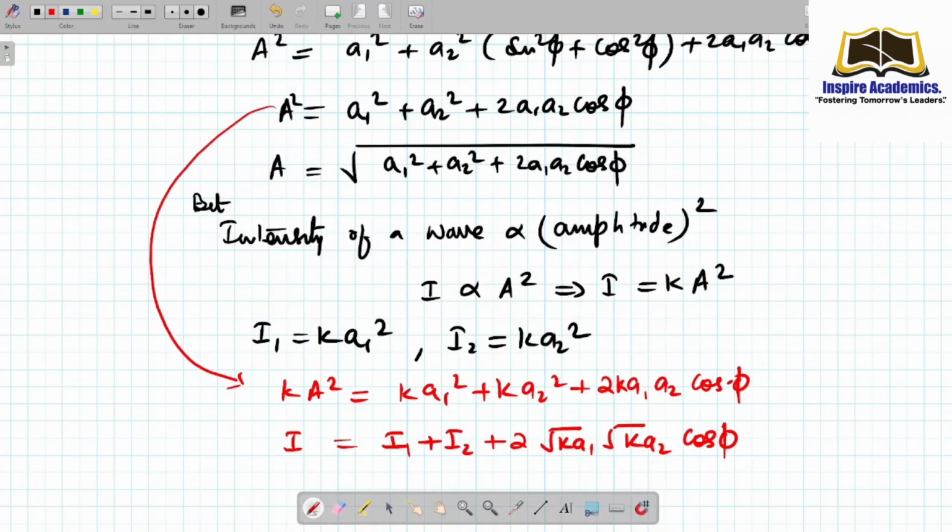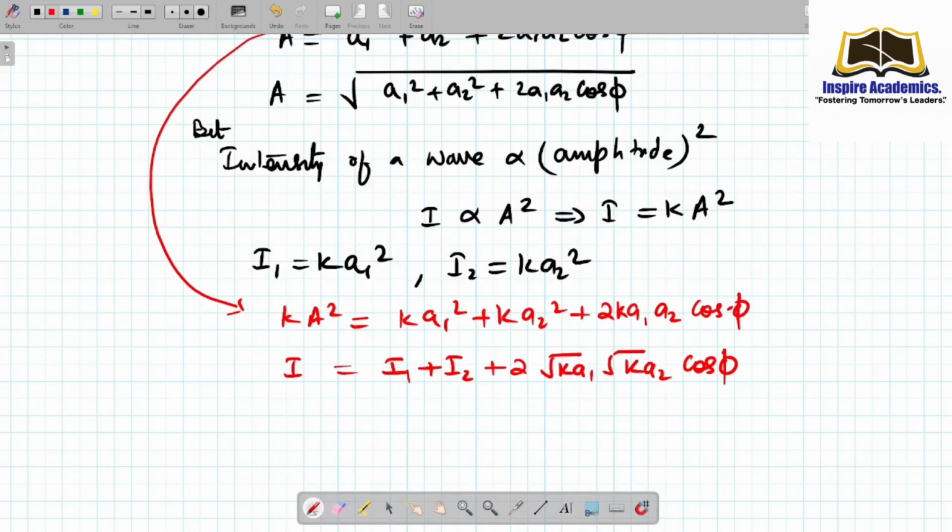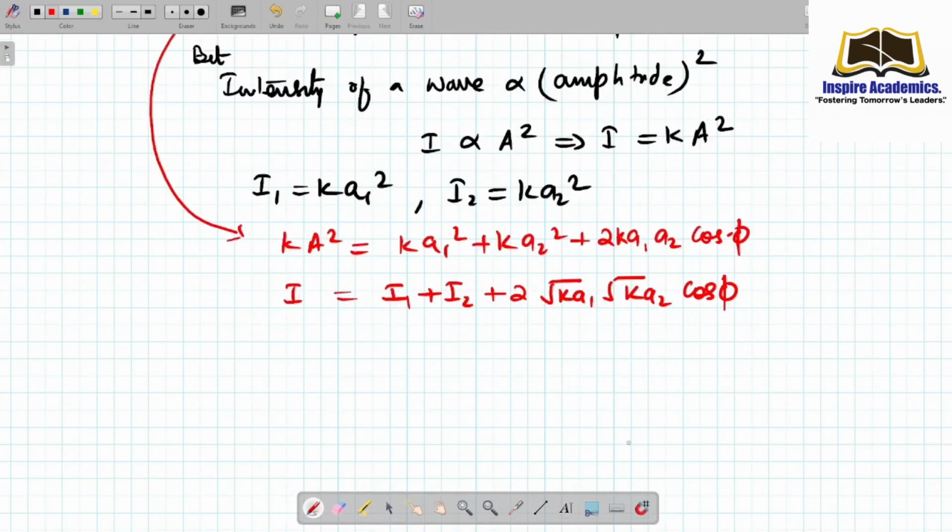So I would be able to write this whole expression as I equal to I1 plus I2 plus twice under root I1 I2 cos phi; you can put I1 I2 all together, or write them separate also. Okay, so this is how we can write the final expression for intensity.